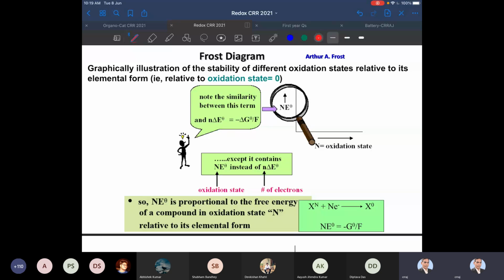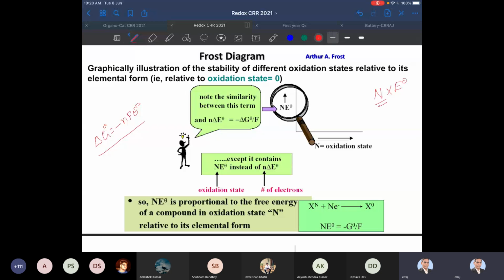And note here NE0, very close to, similar to delta G0 equal to minus nFE0, the standard equation that you study in electrochemistry during your JEE preparation or in class 12. But here we have a capital N, basically the oxidation state, which is multiplied by my reduction potential.